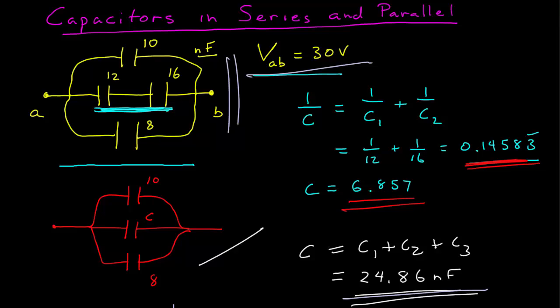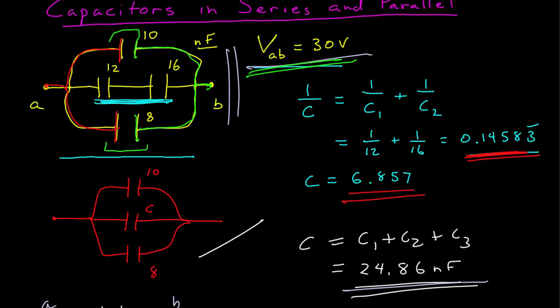Well, the first thing I can notice is that A is connected by conductors all the way to these edges, and B is as well. So the voltage drop across the 8 nanofarad capacitor and the voltage across the 10 nanofarad capacitor is the same as the voltage drop across A and B, and that's 30 volts.